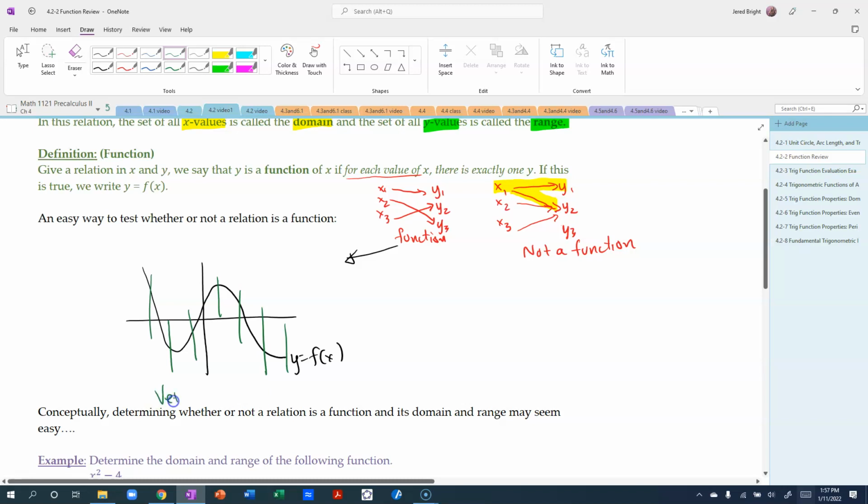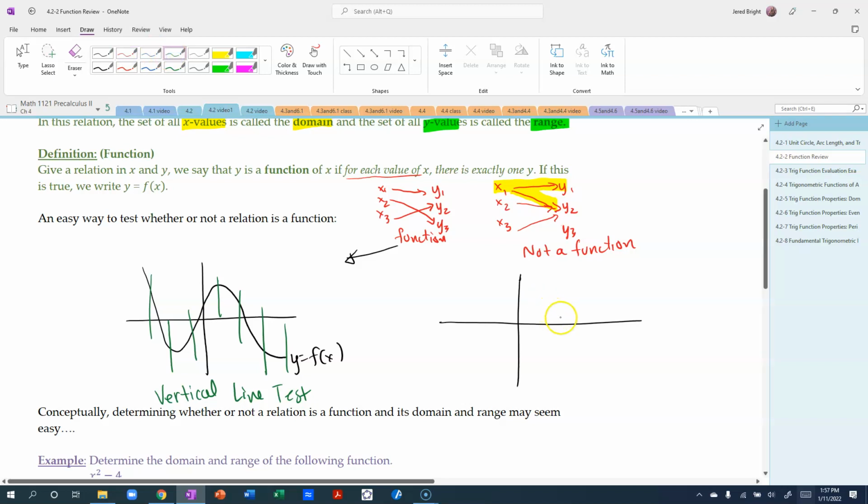This is known as the vertical line test. If you need to, do a quick Google search. If the vertical line passes, meaning each vertical line intersects the function at most one time, then you're going to have a function. If the vertical line test fails, then you don't.